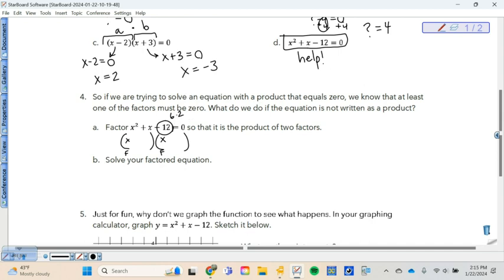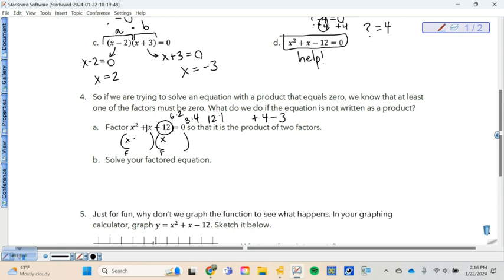6 and 2, 3 and 4, and 12 and 1, right? Which of those pairs could get me to positive 1? Which of those pairs could get me to 1 using addition and subtraction? How do I get to 1 from 4 and 3? Yeah, positive 4 minus 3.